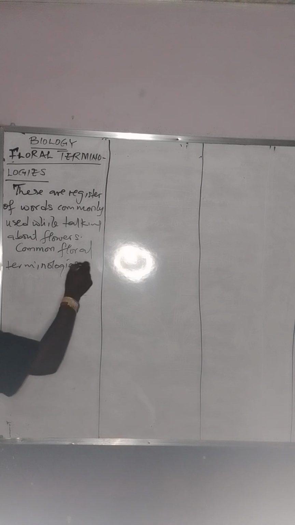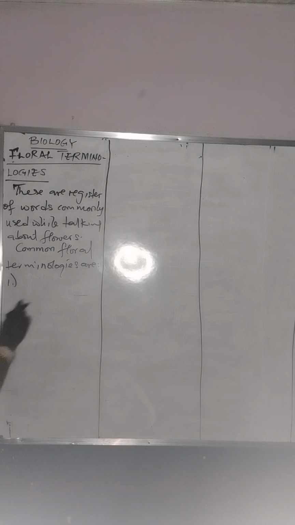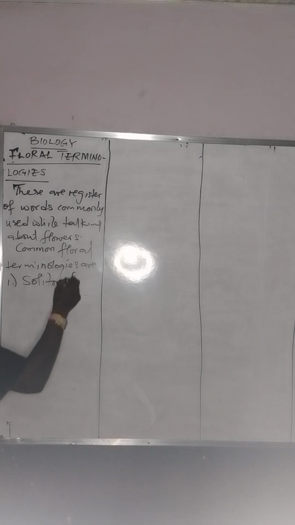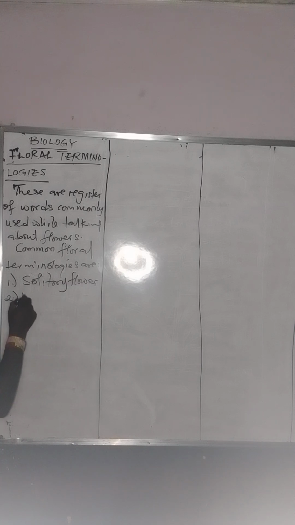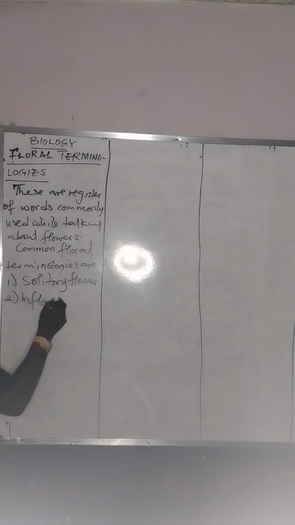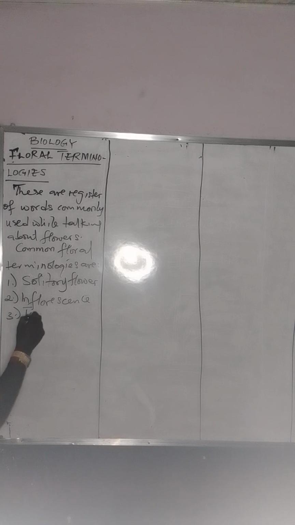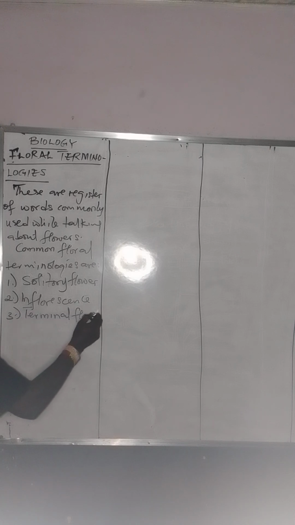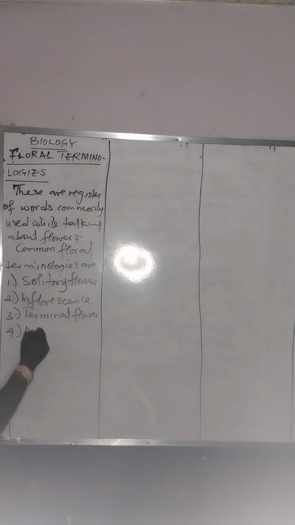that we'll be talking about are: number one, the type of flower called solitary flower. Number two, inflorescence. Number three, terminal flower. Number four, axillary flower.